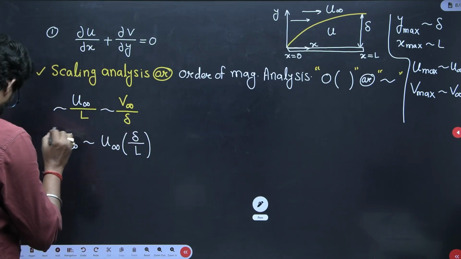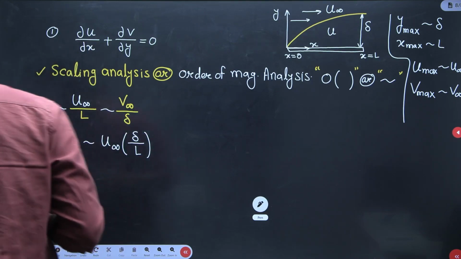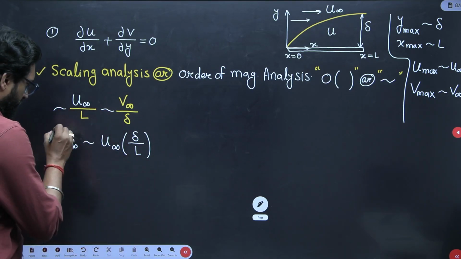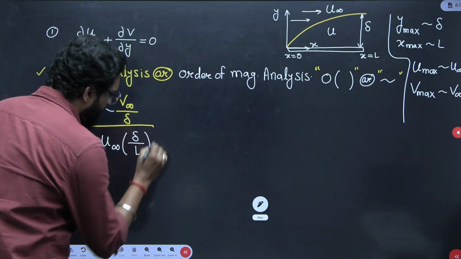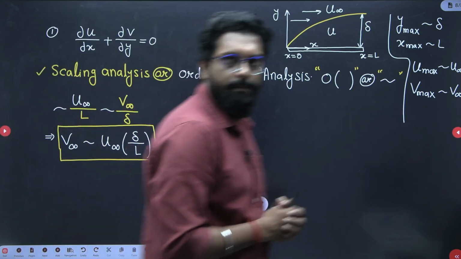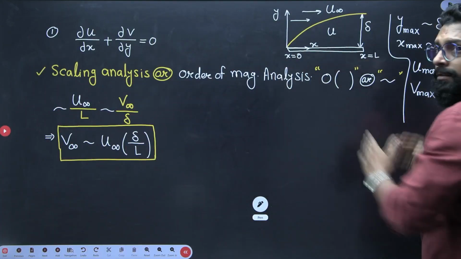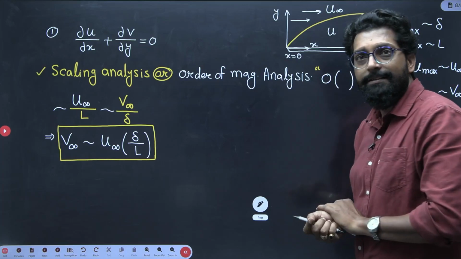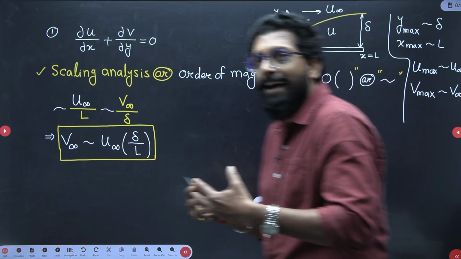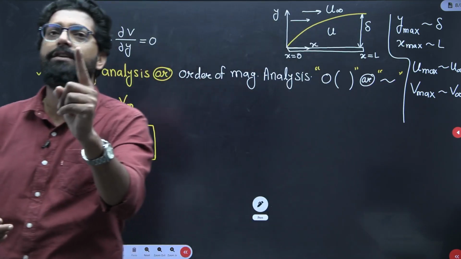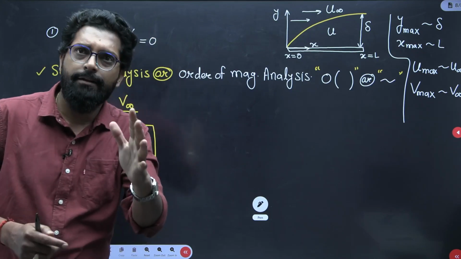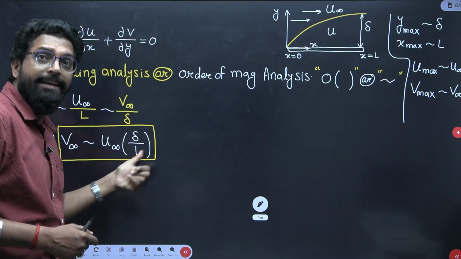This is very important. Now, take a look. See this one, this is an important thing. Now, a very important conclusion. What is delta by L? L is the length of the plate and delta is the boundary layer thickness. The first very subtle concept is that the boundary layer will be analyzed when delta by L is very, very small.